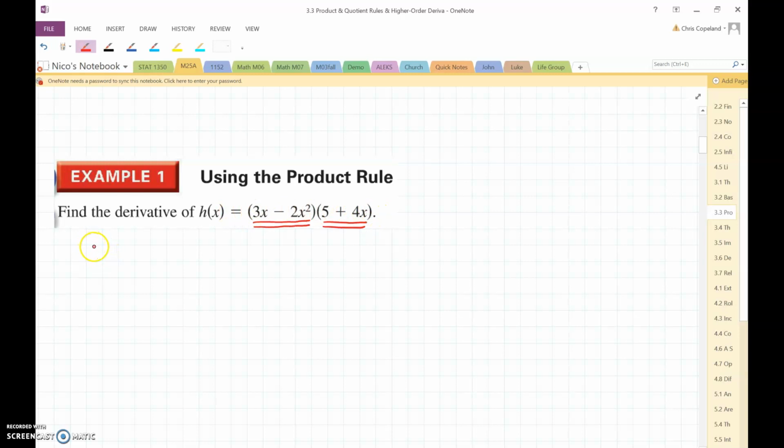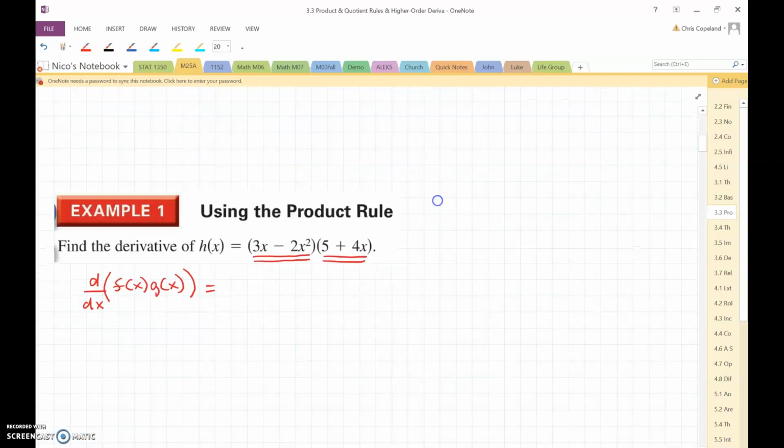So again, the derivative of f of x times g of x with respect to x is equal to the first function times the derivative of the second function plus the second function times the derivative of the first function. Okay, so we've got all of this.